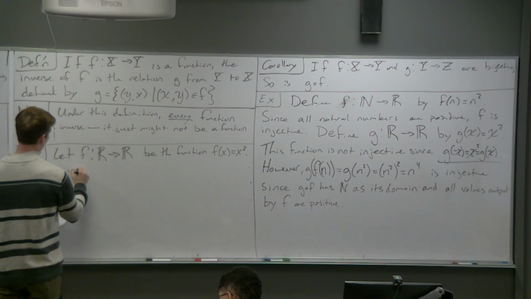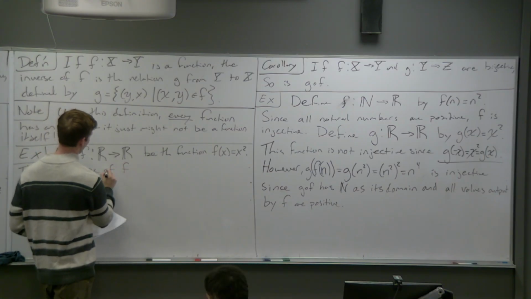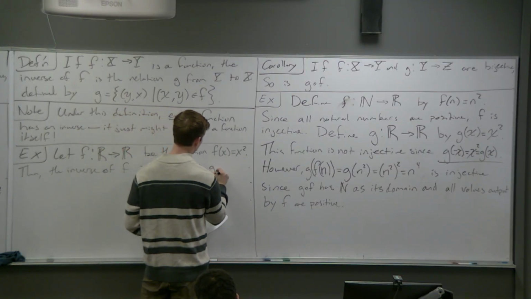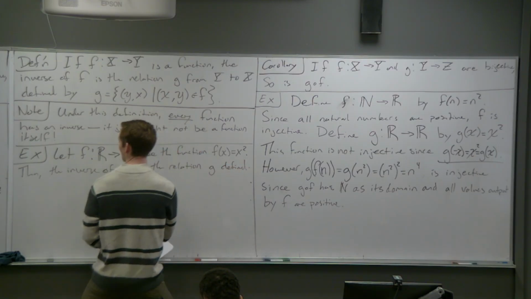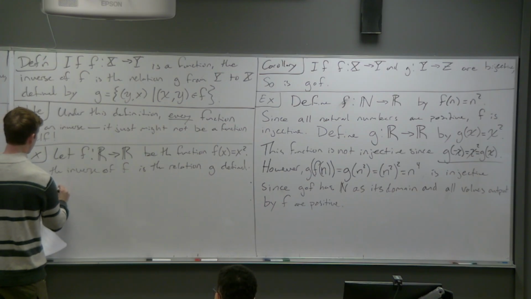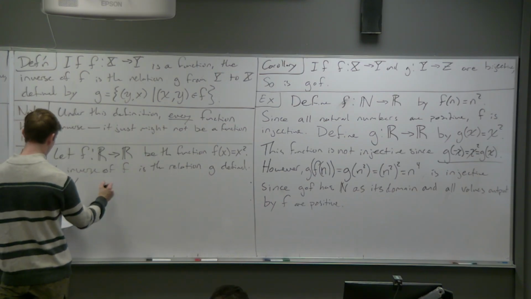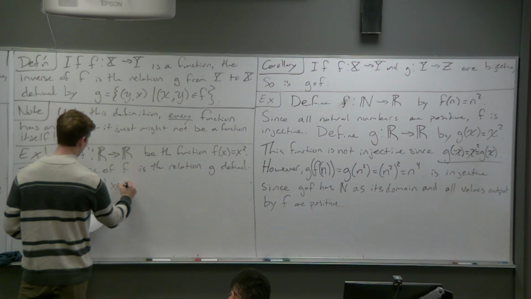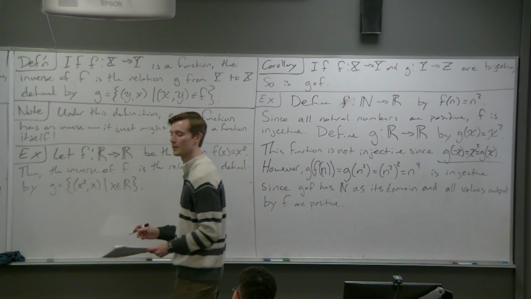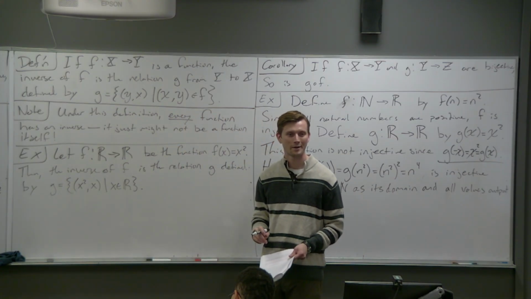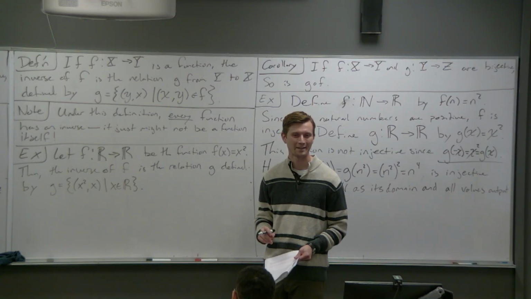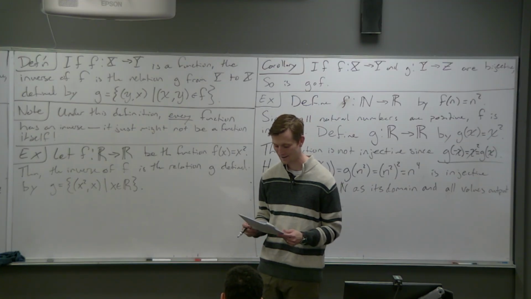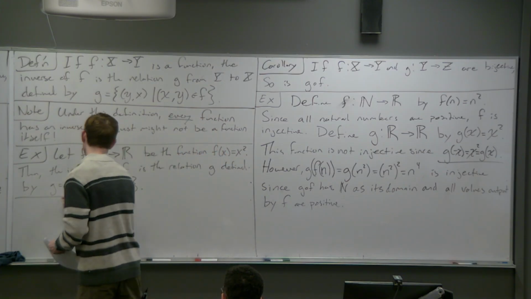Then the inverse of f is the relation, not function, g, defined by g, well, it's just the set of ordered pairs of the form (x squared, x) such that x is a real number. Yeah? Oh, okay. Cool. Reasonable? This whole business kind of makes some sense. Nice. Okay, so here's the question that we have to ask.